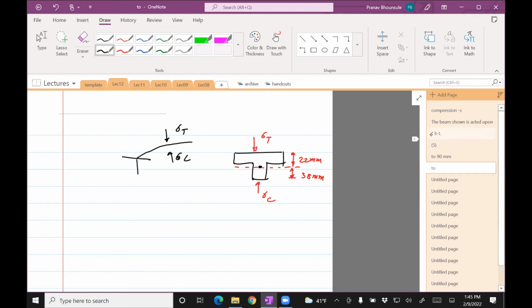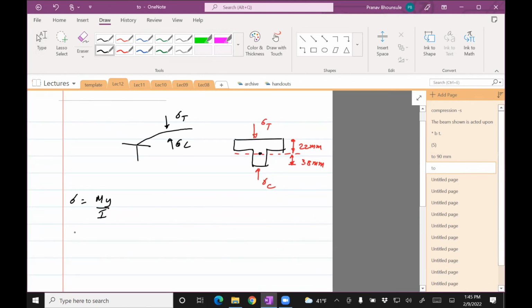So now, using that formula, sigma equals My divided by I. We'll use the formula in the following way. So sigma T is M, which is 3 kilonewton meters, so 3 times 10 raised to 3. The y would be 22 mm, which I can convert to meters, so 10 raised to negative 3, divided by the inertia, which we already found.